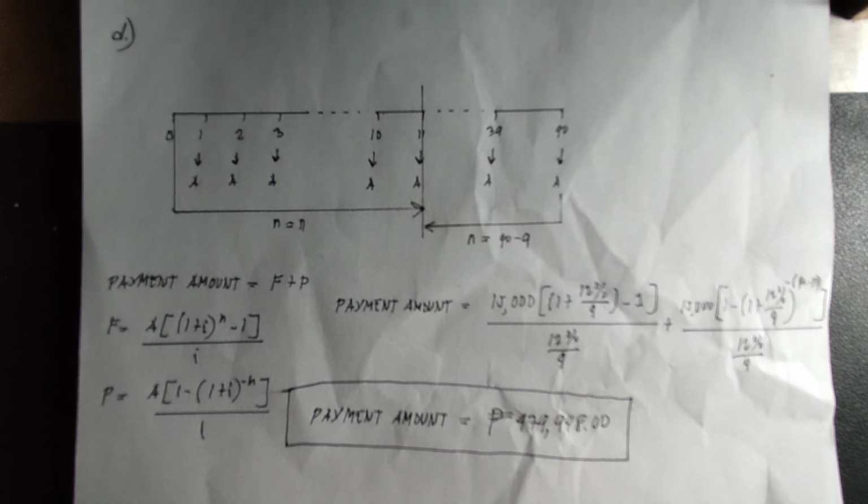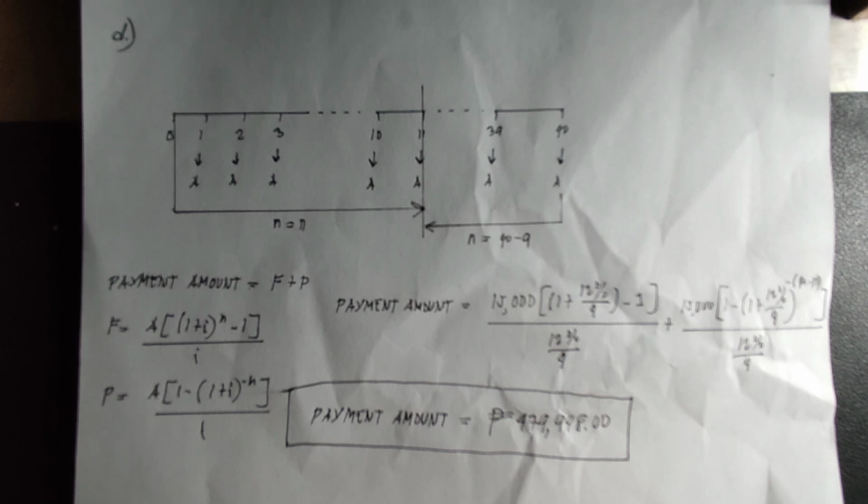So you already know that the payment amount is equal to the future amount plus the present amount. So to find F, we are given that the formula is A multiplied by the quantity of 1 plus i raised to n minus 1 all over i.